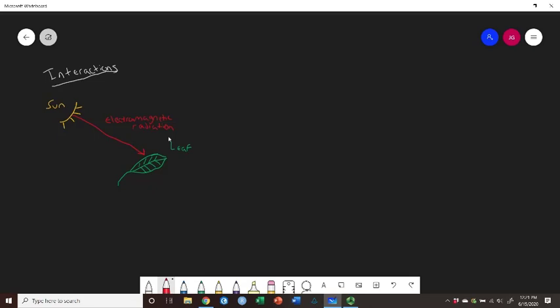So what I want to do now is focus in on this leaf for a second. We're going to look at it sort of lengthwise here.